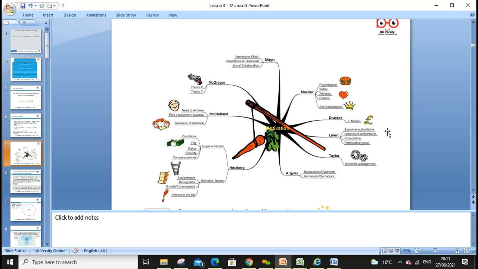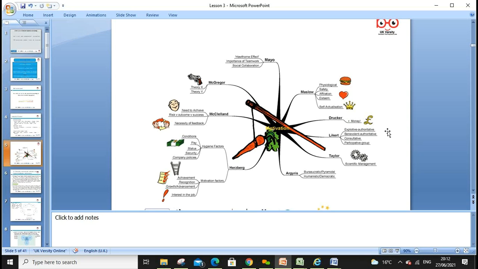Then they perform better under supervision. Then he gave Theory Y, which is more about the democratic leadership style, where workers are self-motivated, so we need to give them flexibility in their work. Theory X is more about a controlled environment, and Theory Y is a more flexible environment.